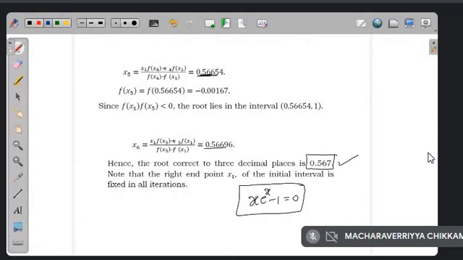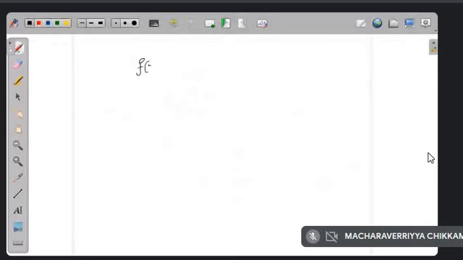But in some cases, even if you have a repeated root, think of this example: f of x is equal to x minus 1 whole square into x plus 3. You know the roots explicitly: 1, 1 and minus 3. It's very clear, but if I want to use the bisection method to find the roots, it will not work easily for the repeated one, but we can find the other one.